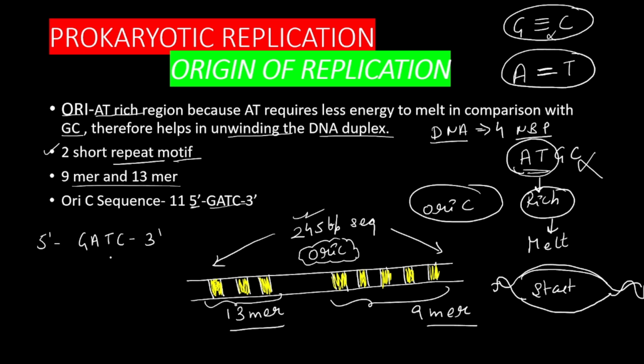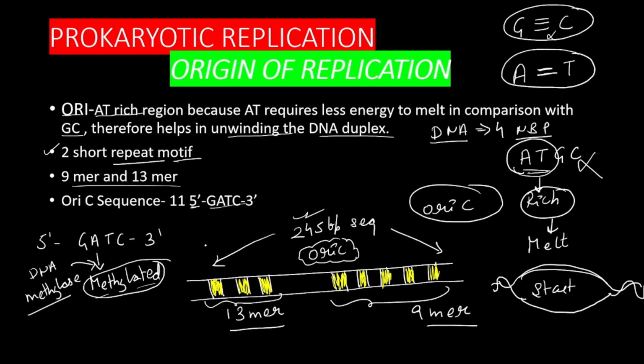What happens is that this adenosine gets methylated in order to inform the DNA molecule that it now has to undergo the replication process. This methylation is done by an enzyme known as DNA methylase.